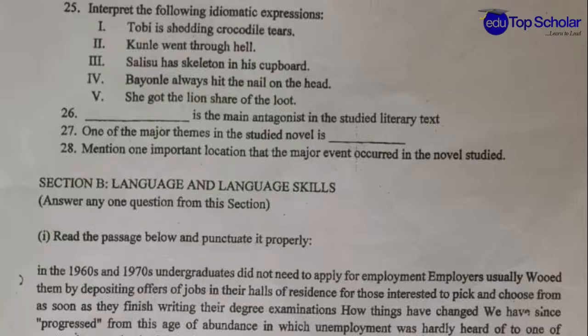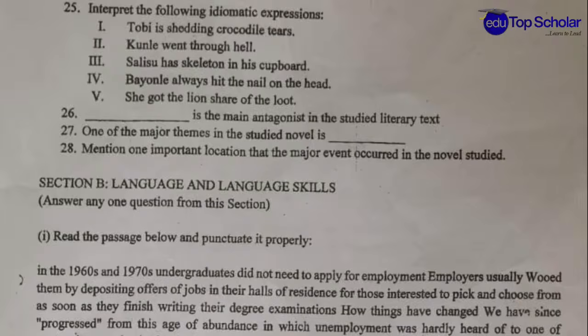Now number 5, she got the lion's share of the loot. When you have to divide things among people and one of them is getting the lion's share, it means the person is getting the largest amount of that thing. So to get lion's share means to get the biggest part of the share. So that is the meaning of that idiom.